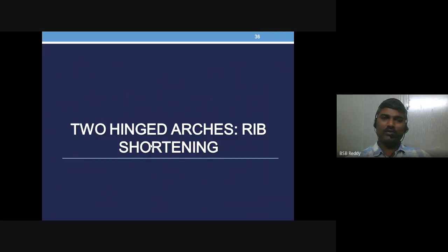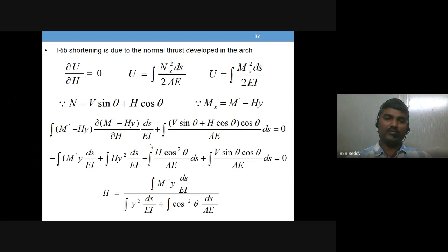The rib shortening happens due to the development of normal thrust due to the loads, and the rib shortening is going to increase the horizontal thrust value developed at the springing point.